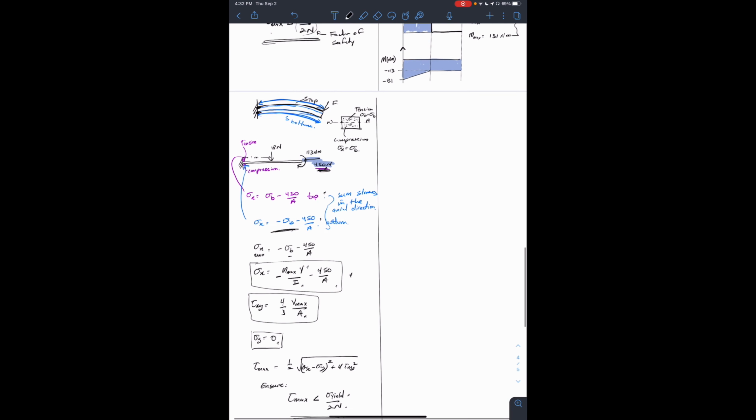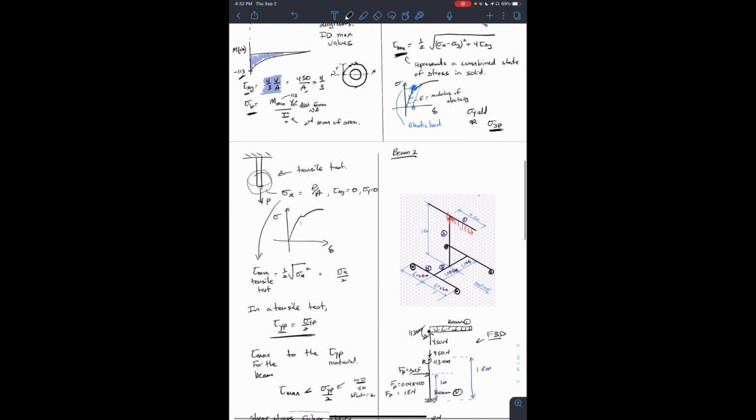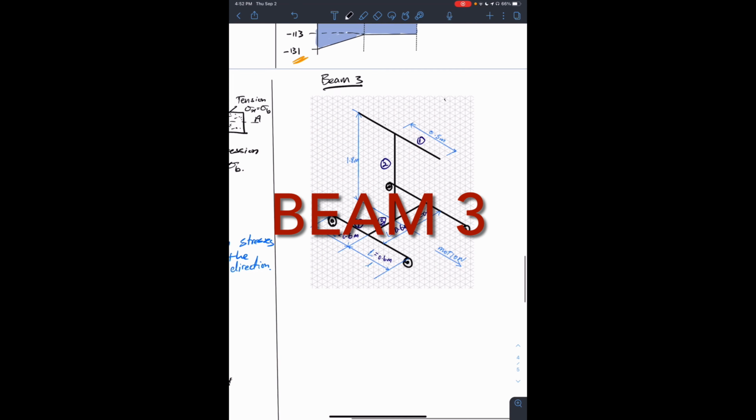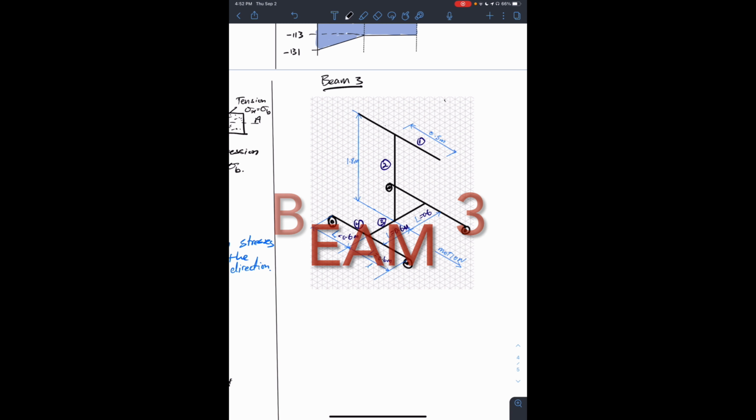Now I'll go on to beam 3, which is the bottom beam here. We're looking at beam 3, and to analyze a present beam, we need to go back to the beam before to get the reactions. So in this case, we go back to beam 2 to get the reactions.